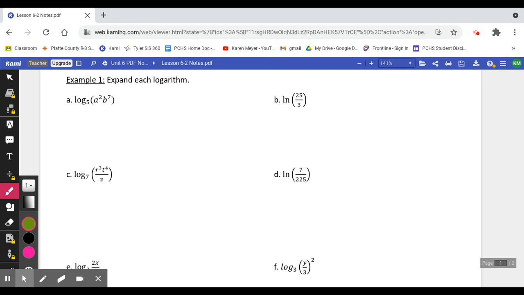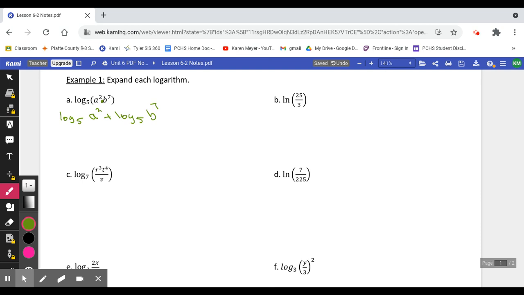All right, so on A, the first thing I notice is I am multiplying a squared times b to the 7th. And multiplication means I'm going to change it to addition. So log base 5 of a squared plus log base 5 of b to the 7th. And then my last property, power property, says, oh, exponents.